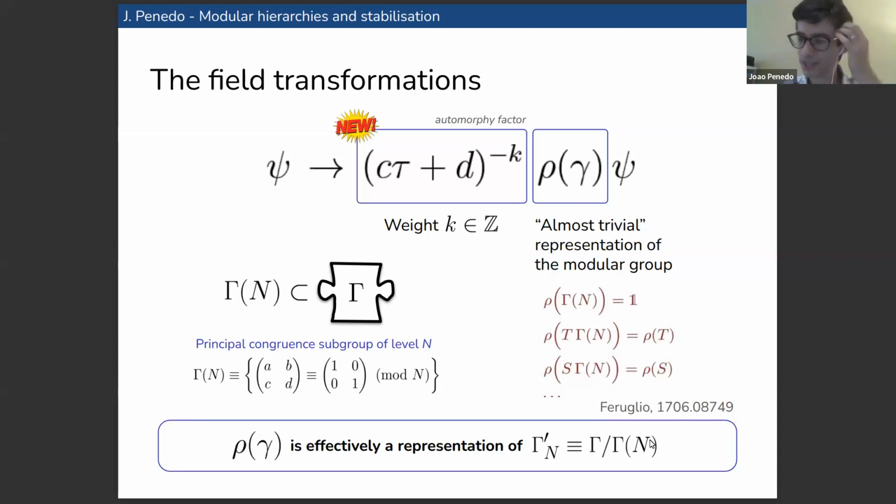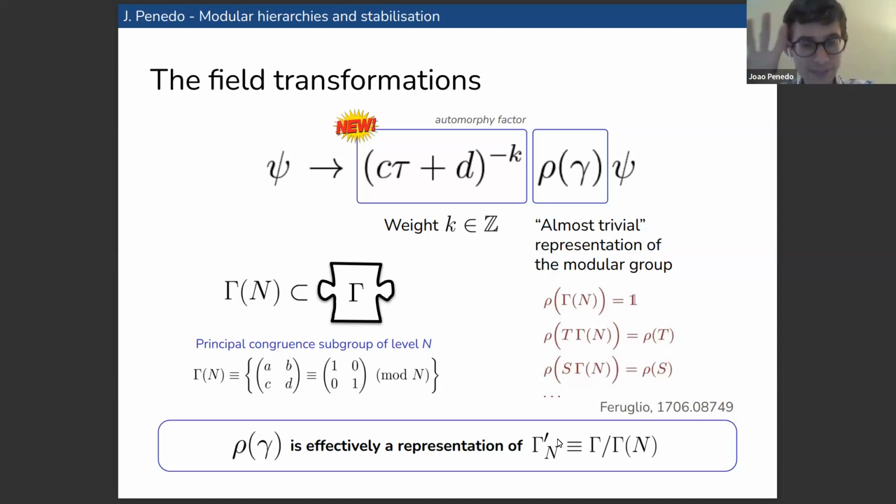So in a sense, after this idea has been employed, you are in a situation which differs little from the usual one, except for this new automorphy factor. Okay, so you see that here, what we care about then is this finite group gamma prime of n. It's the group that matters in the end, even though we start with this huge modular group of all fractional linear transformations.